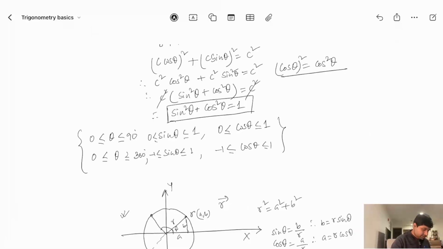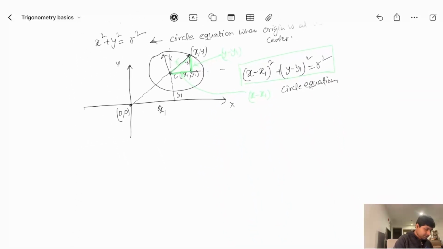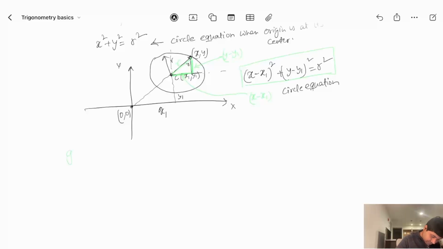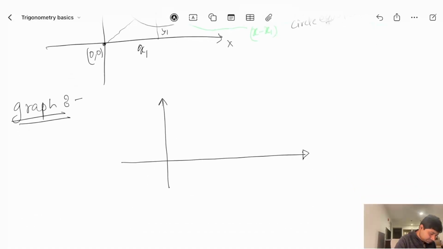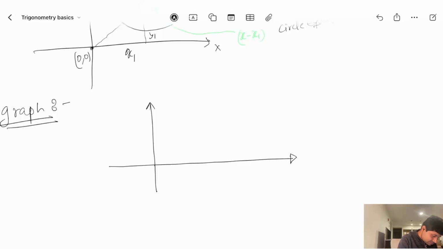Okay, great. So we are here right now regarding the graph. How can we think of the graph here? One way you can think of it: I have this x coordinate and this is my y coordinate. At 0, 0, the x is representing theta.